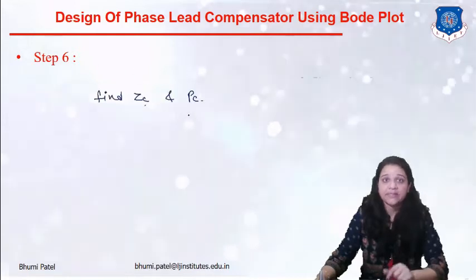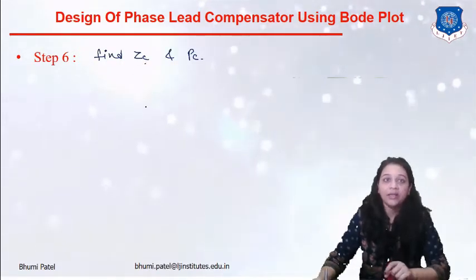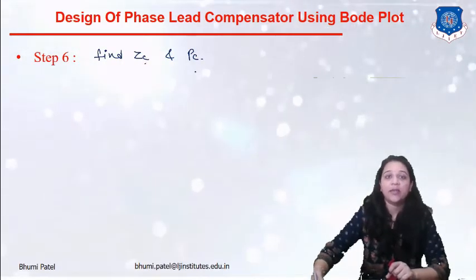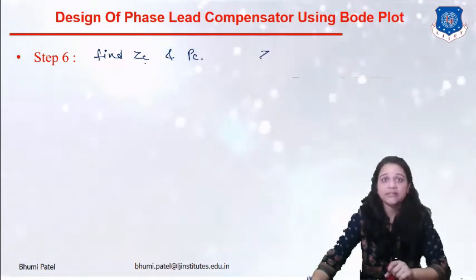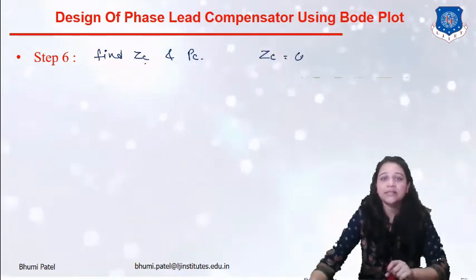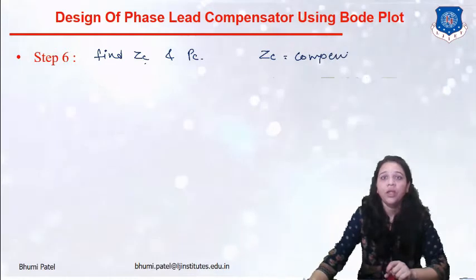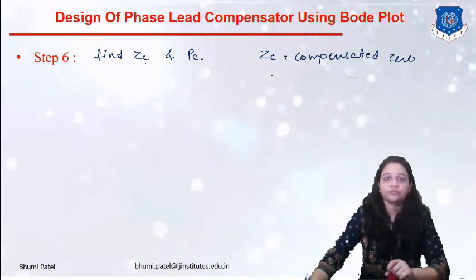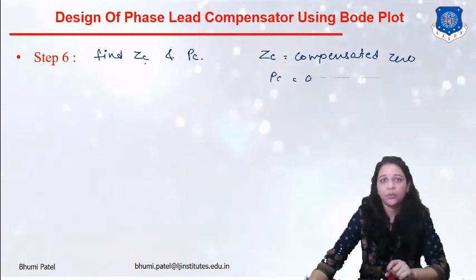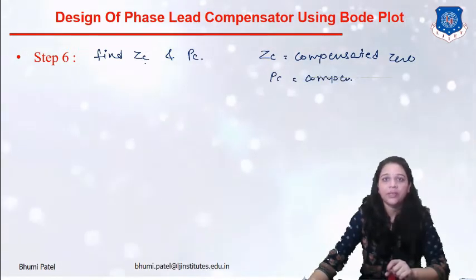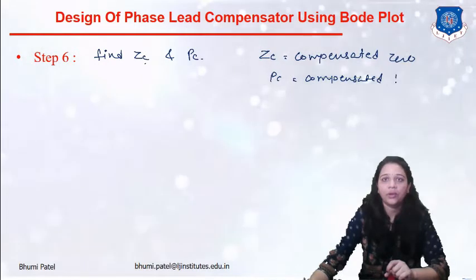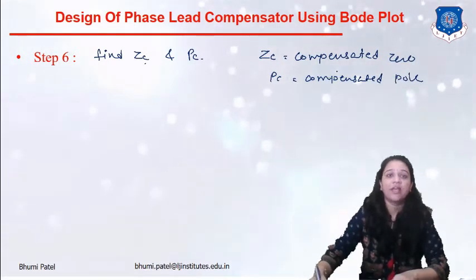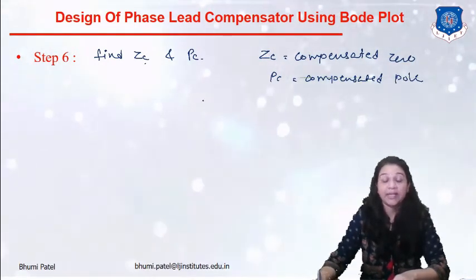Now step number 6 is to find the value of ZC and PC. What is ZC? ZC is the compensated zero, and PC is the compensated pole.